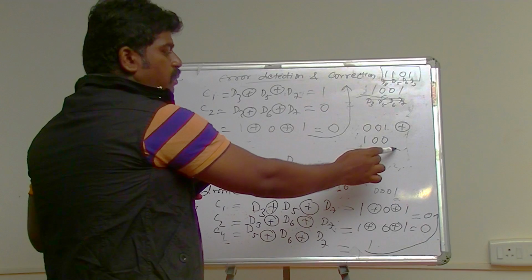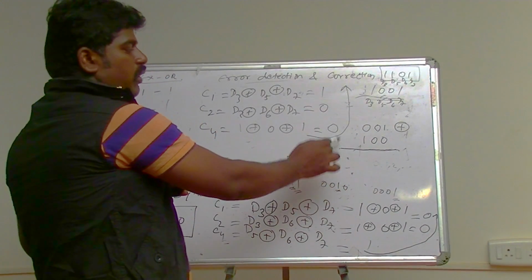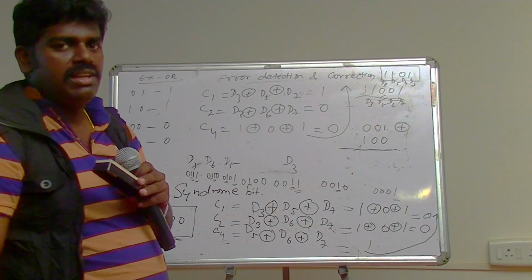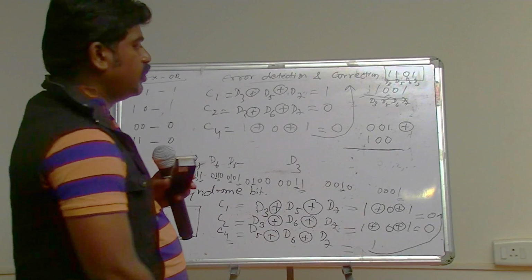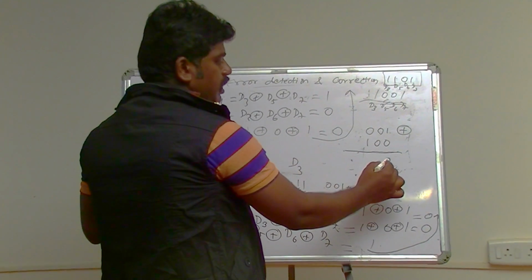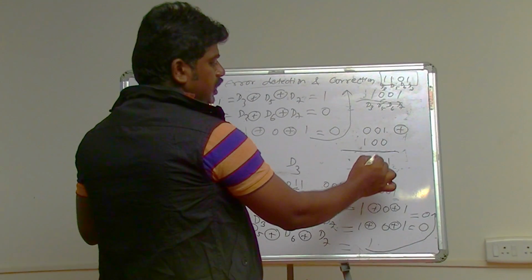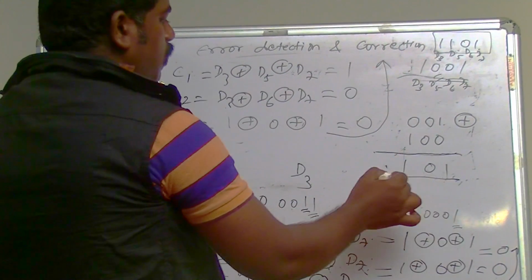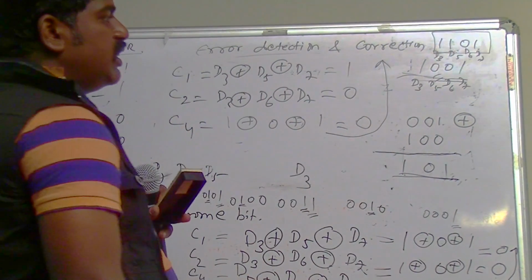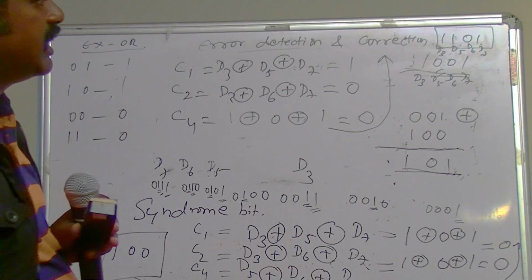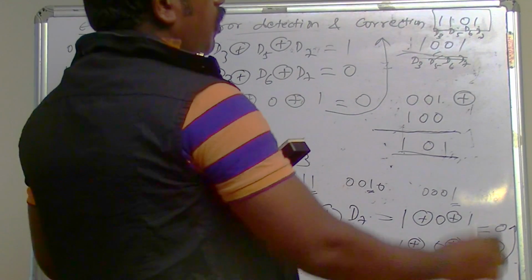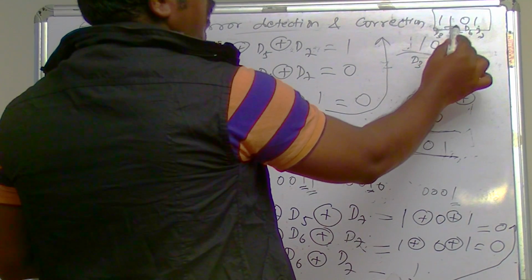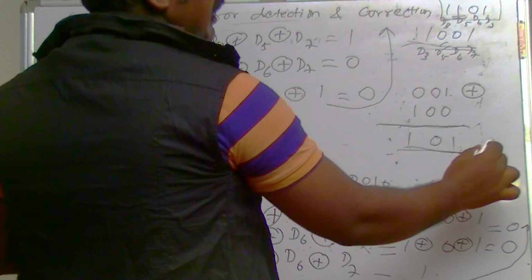Now we have 2 syndrome words, and we are going to make an exclusive OR of them. So 1 exclusive OR 0 is 1, 0 exclusive OR 0 is 0, and 0 exclusive OR 1 is 1. Now you can see 101. 101 tells which bit is wrong. That is 5, so it is D5.